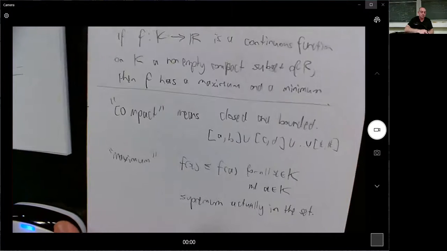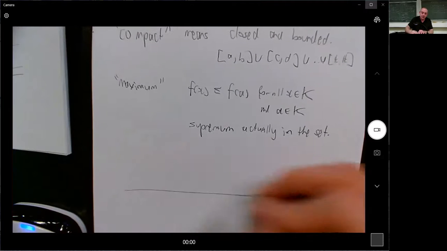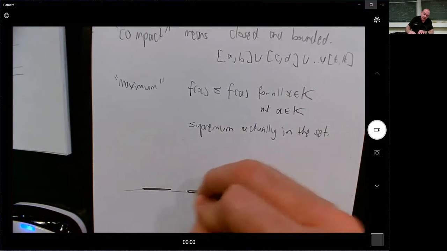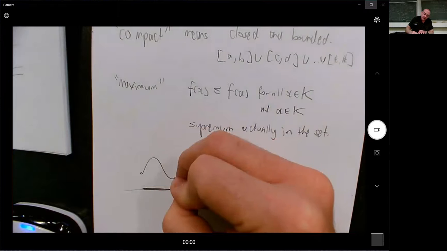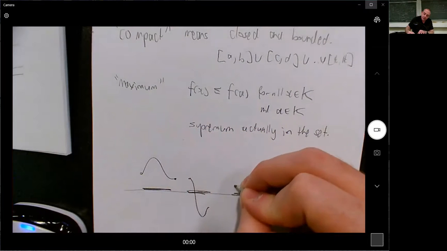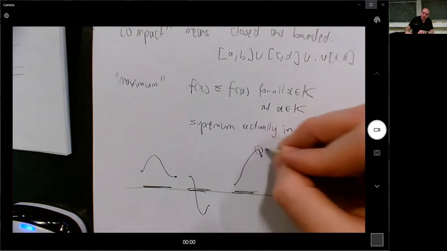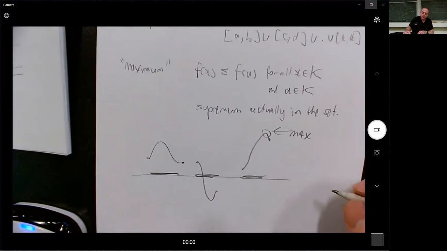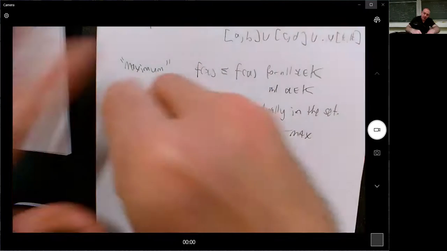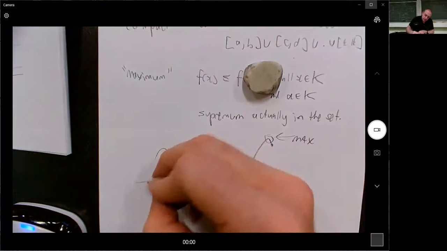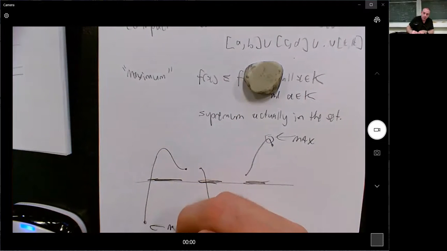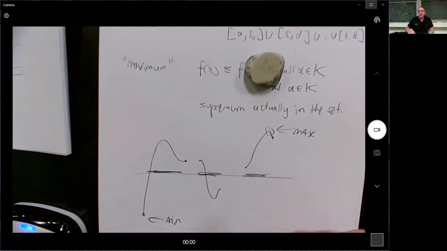So really, here's my interval where it's defined, and my function does whatever it does. And there, that's the maximum. And just to be absolutely clear, there's the minimum there. So it could happen at one of the endpoints, or it could happen somewhere in the middle. The closed boundedness is basically covering the fact that it could be at one of the endpoints.